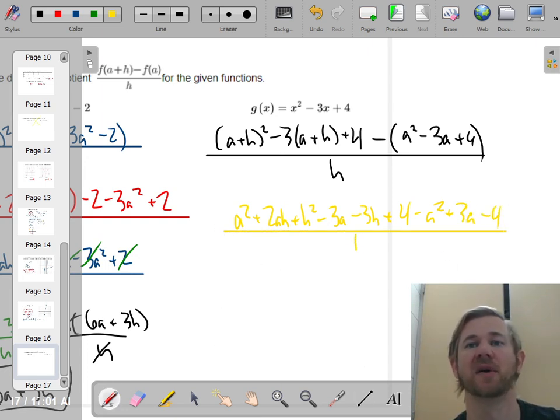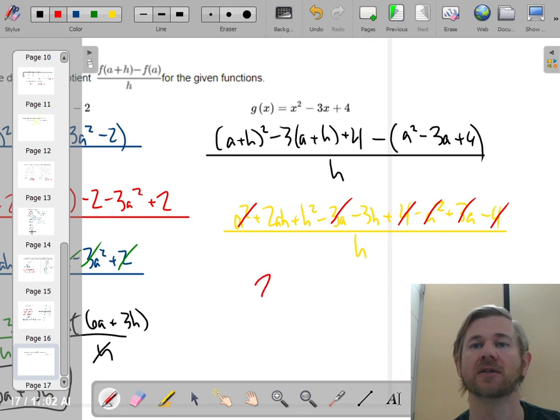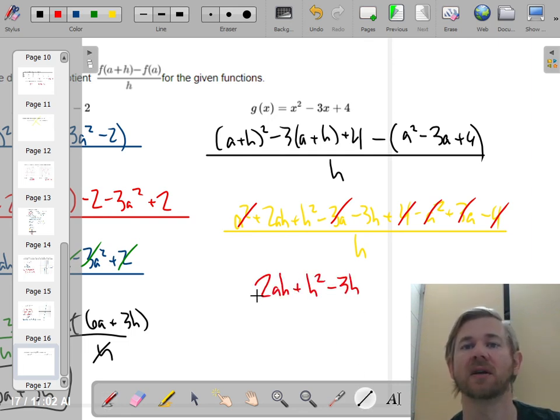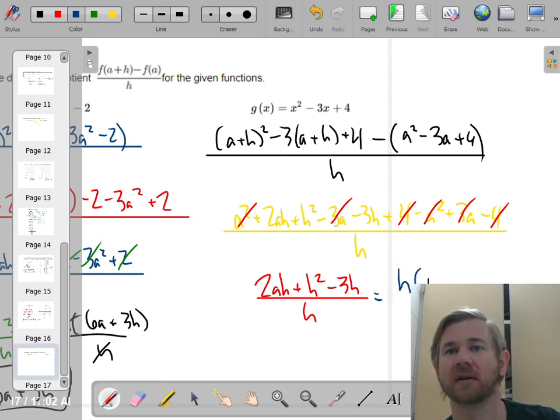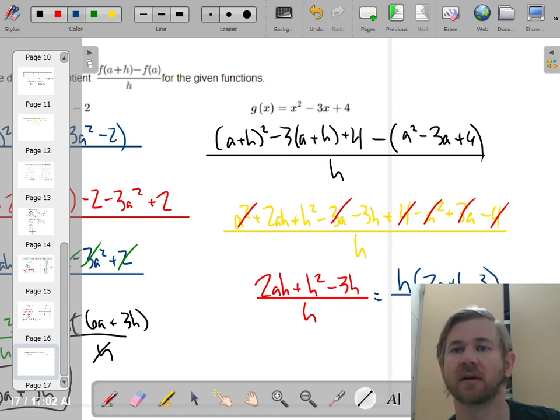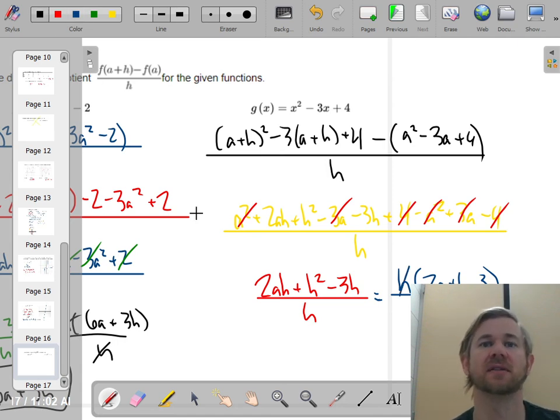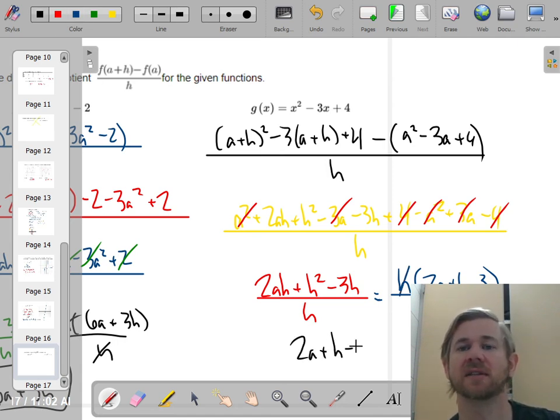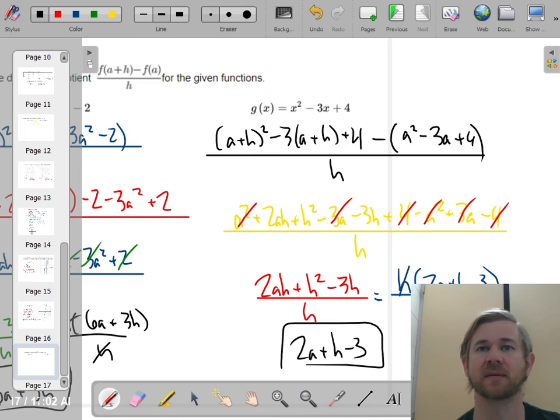So this is just a bunch of distributing. a squared, negative 4, positive 4, 3a. Okay. 2ah plus h squared minus 3h, all over h. Now I will factor out an h. 2a plus h minus 3 over h. So my difference quotient is 2a plus h minus 3.